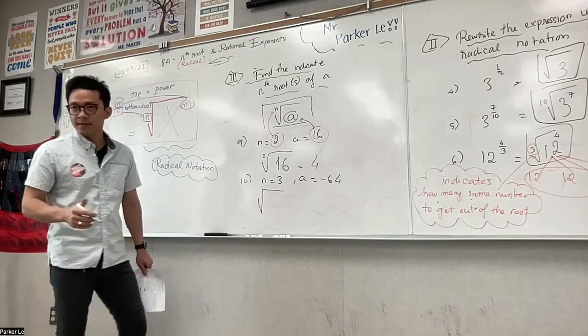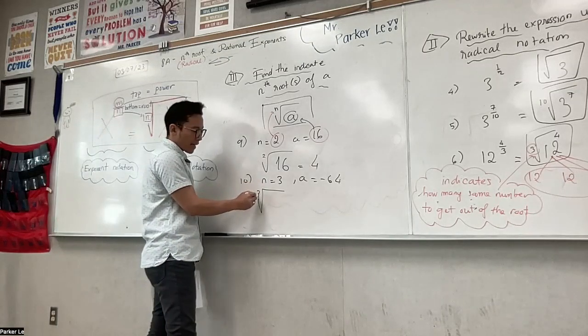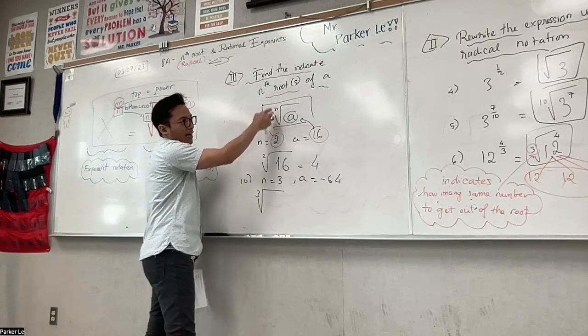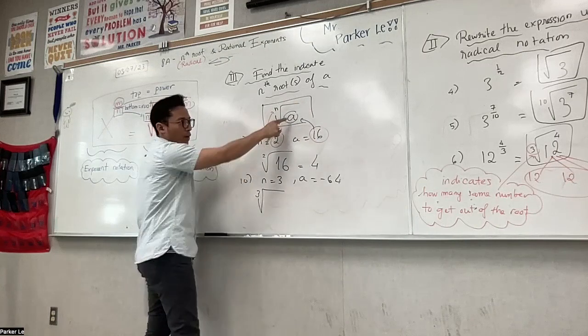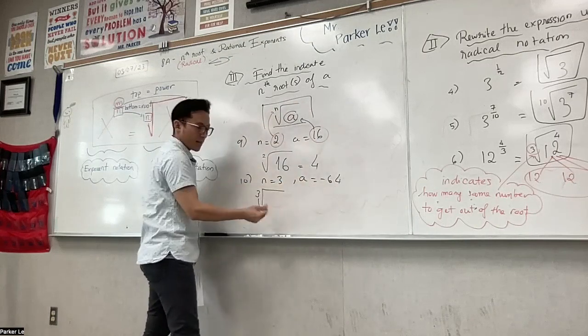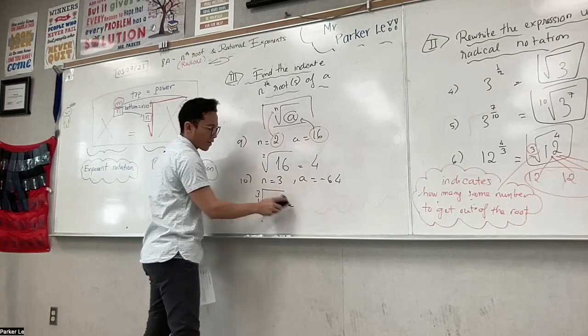Good. All right, n is 3, so 3 outside. Like I give you this form, I give you the number of this, the number of this, you need to plug it in. What is a? a is negative 64. What is the cube root of negative 64?